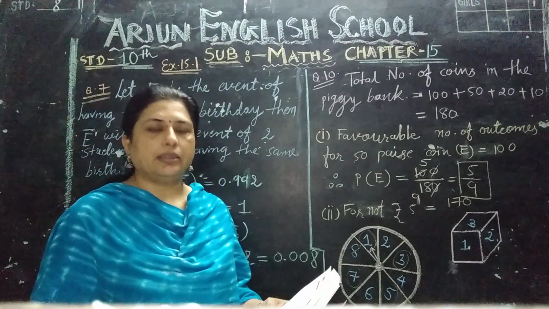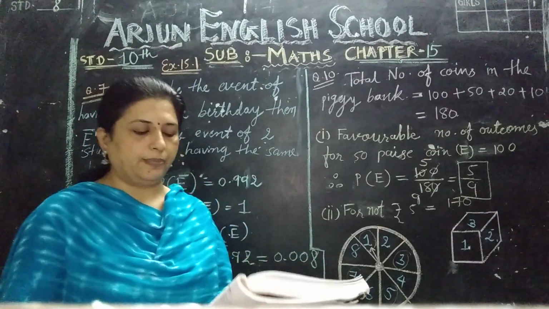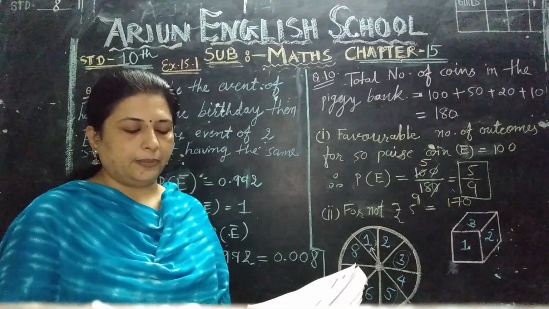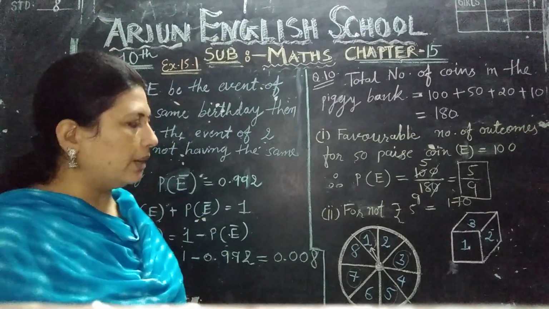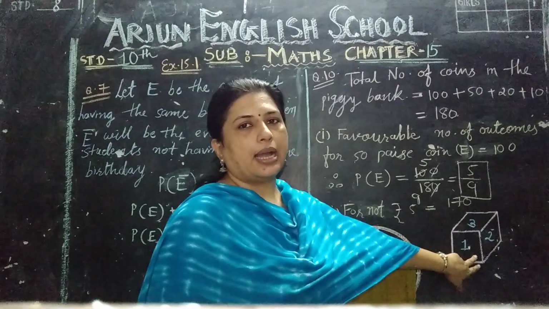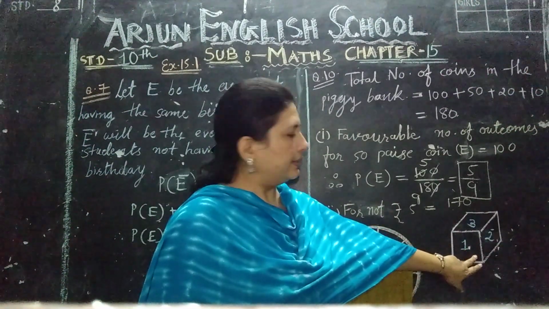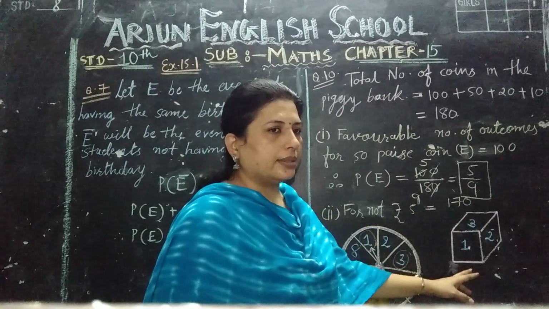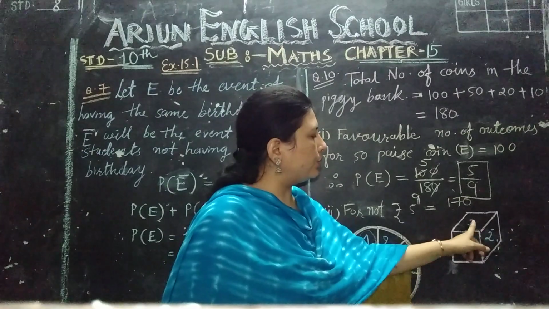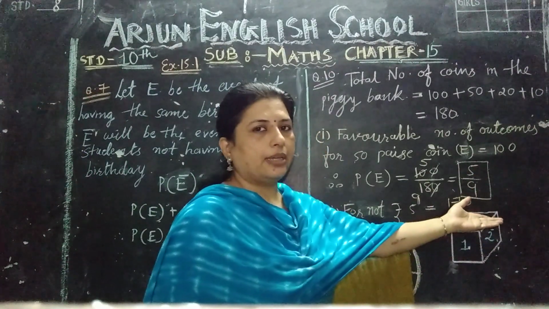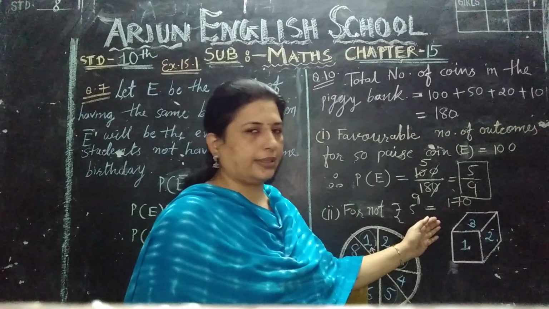Now question number 13. In this question, a die is thrown once. Find the probability of getting a prime number. Here I have thrown a die. In this, again you can see that total outcomes are 1, 2, 3, backside 4, 5 and 6.